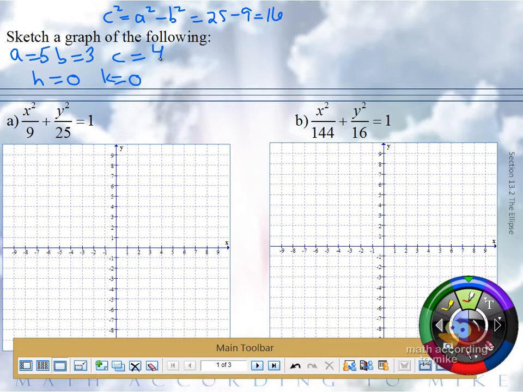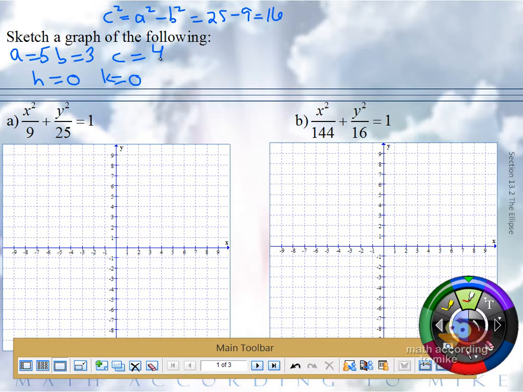Okay? So centered at the origin, 0, 0. Since it's vertical, what direction am I going to move in for the vertices? Up and down. How many units? What letter do we use for the distance from the center to the vertices?